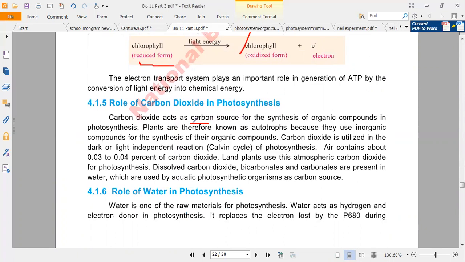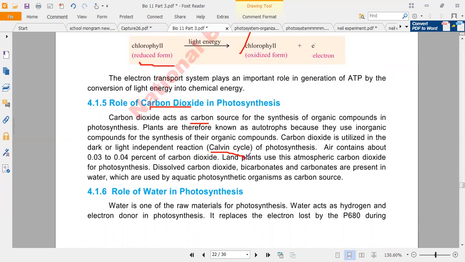All the autotrophs, or the plants, use inorganic carbon dioxide, which is changed into an organic form like the compound glucose. Carbon dioxide is utilized in the light independent reaction, that is called the Calvin cycle. We will see it in detail in the next lectures.